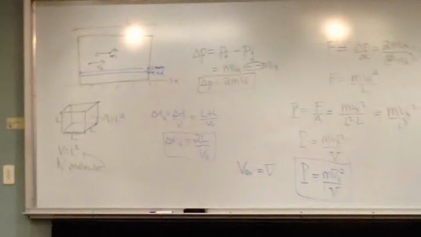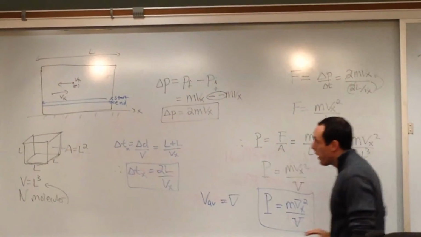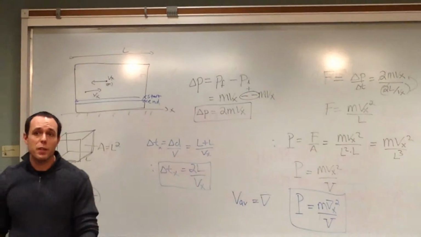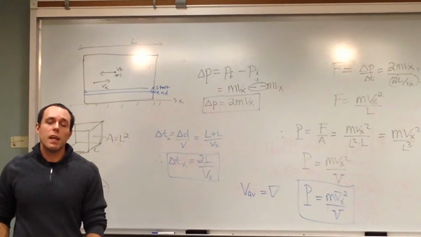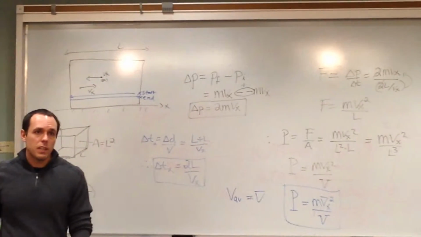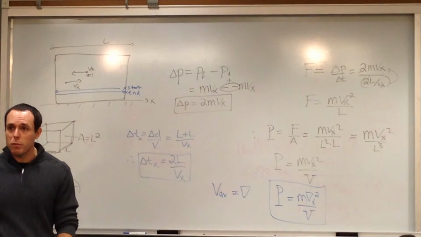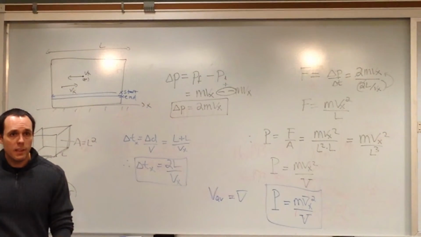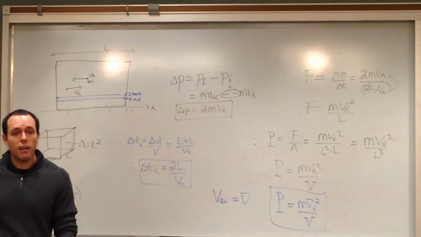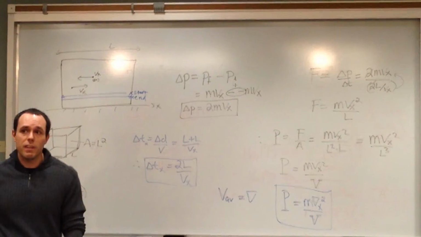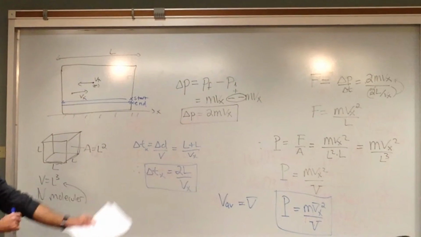I'm only looking at the velocity in the x direction, but I know that it's a three-dimensional object. Clearly it has to be. We live in 3 dimensions. And to make life as simple as possible, because volume could be any shape, I'm considering it to be a cube of size L by L by L. And thus the surface area, when it hits the wall of the container, is L squared. And that's how we were able to get this volume.